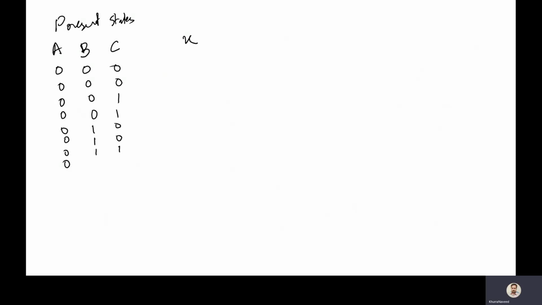So I'm writing each state twice because input would be 0 and 1 for these states.